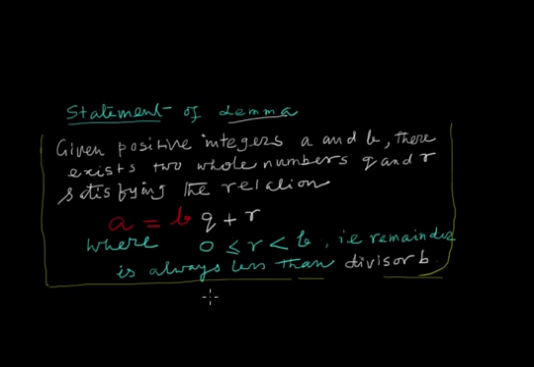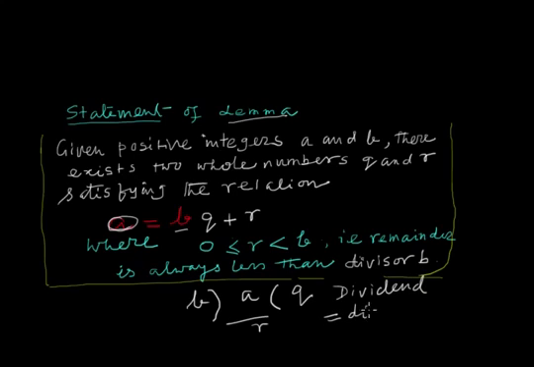So we take a as the dividend and b as the divisor, and we get a quotient and then a remainder, and we know that dividend is equal to divisor times quotient plus remainder.